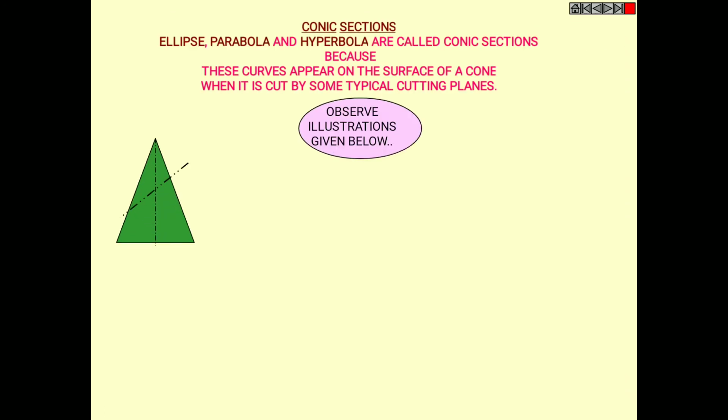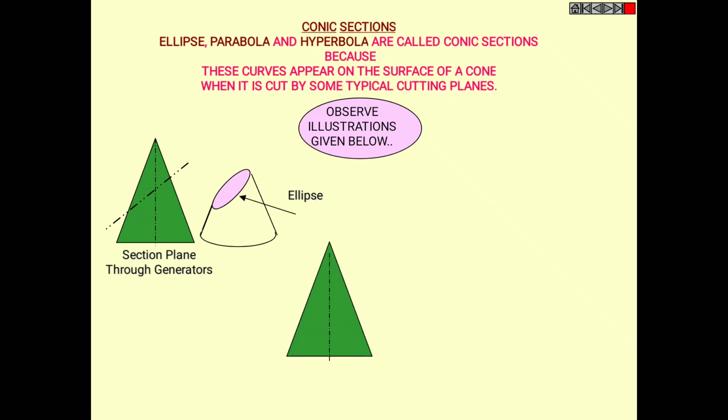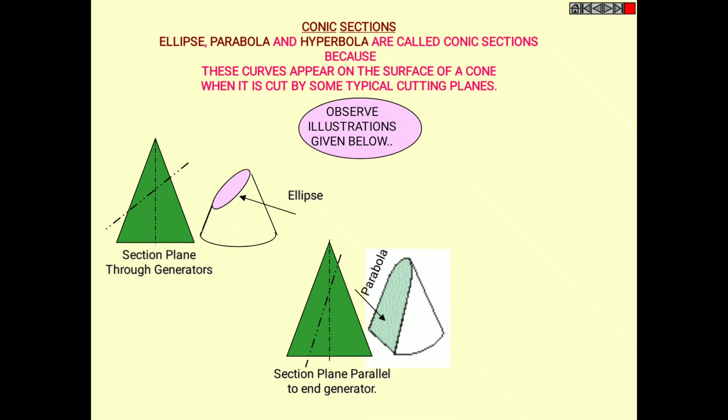In the conic sections we have already seen the ellipse. Now we will see the parabola. See, this is a parabola. How is a parabola drawn?